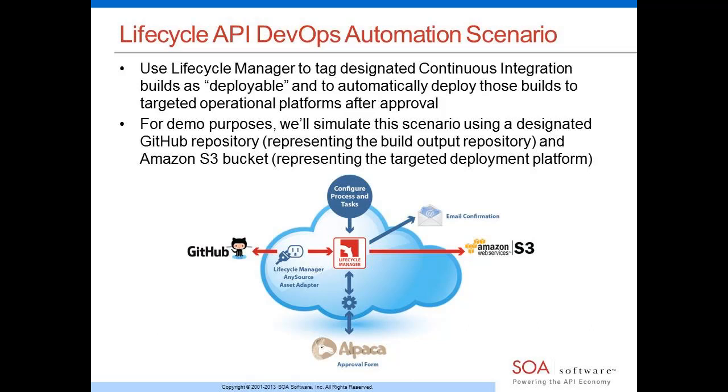You can replace whatever target runtime you want with that. You could replace GitHub with any repository, perhaps linked in with a Jenkins build process in your own environment. So you make that mental leap as you're watching the demonstration that we go through here.